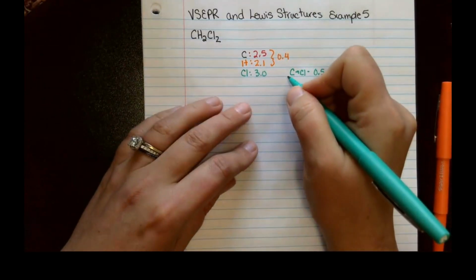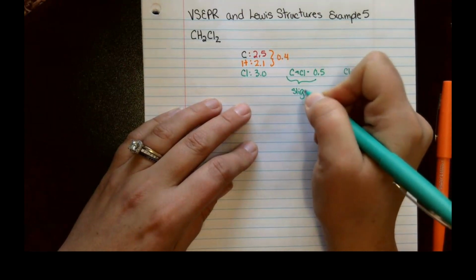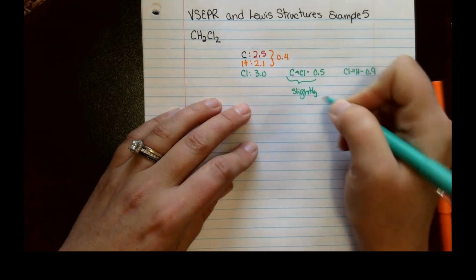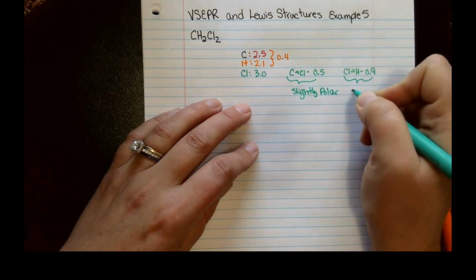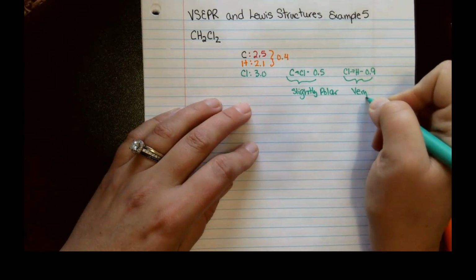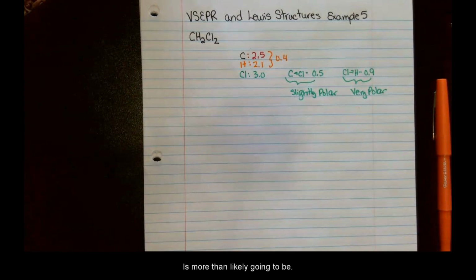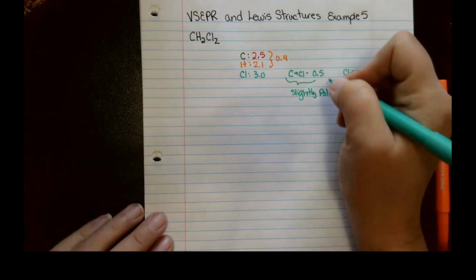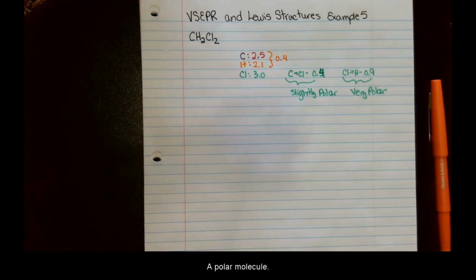So this is slightly polar. This is very polar. So this is more than likely going to be, sorry, that was supposed to be 0.4, a polar molecule.